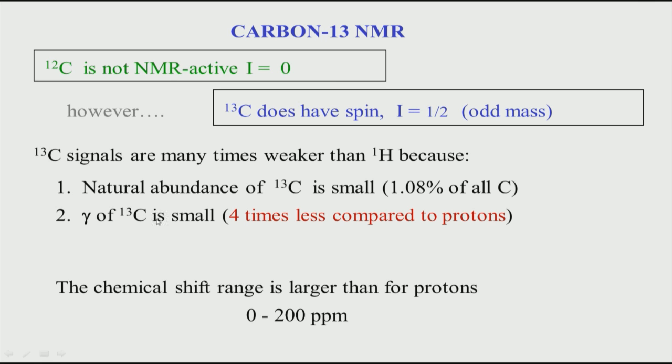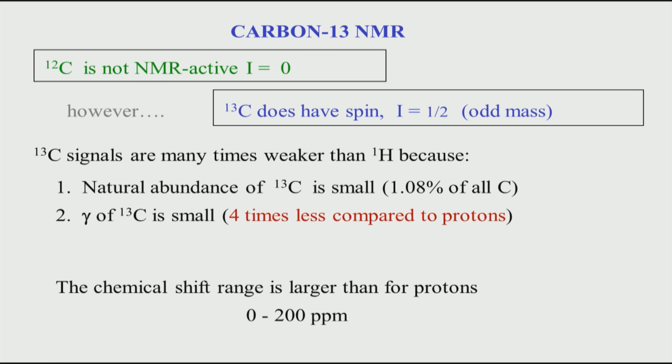But there is one more factor which makes carbon 13 even more insensitive, and that is when we detect carbon. Normally in 1D NMR we apply the pulse to proton and we detect the proton signal. That is the standard 1D proton NMR, which we have seen up to now. But if you do the same thing with carbon, you are going to excite, or apply a pulse on, carbon and also detect carbon.